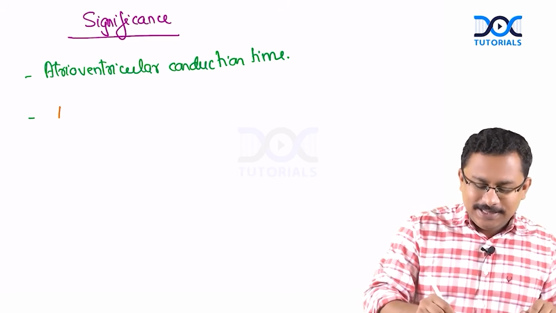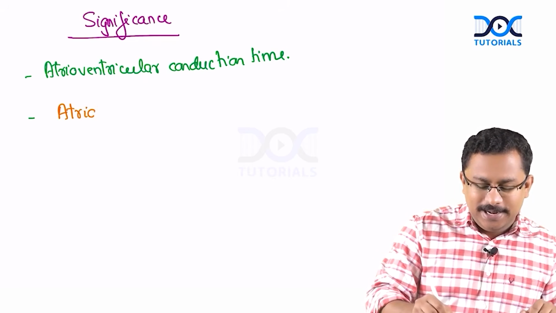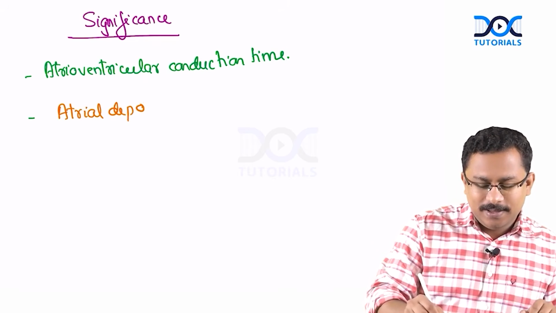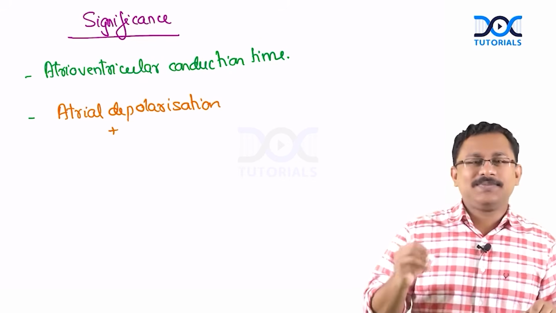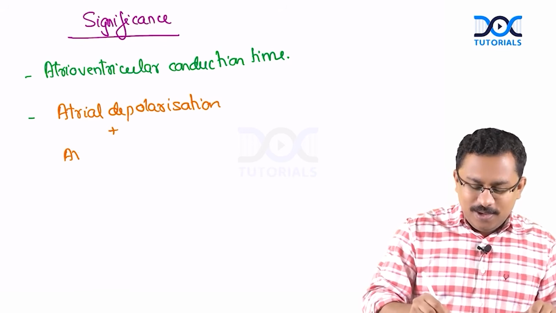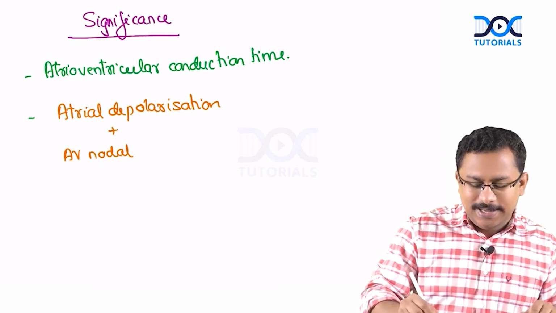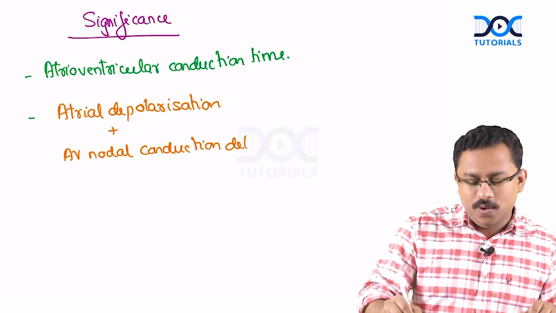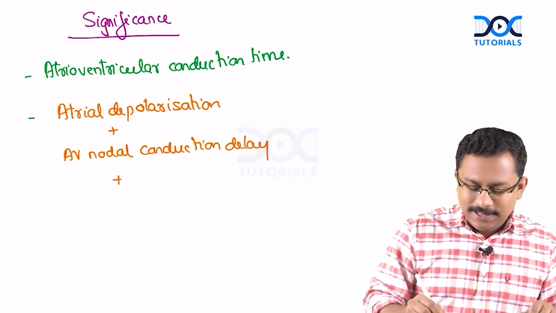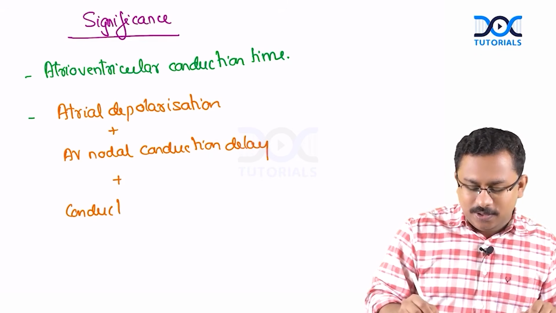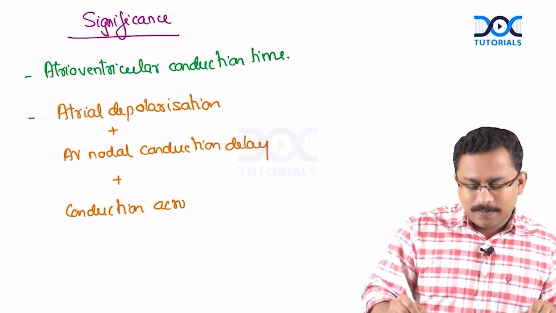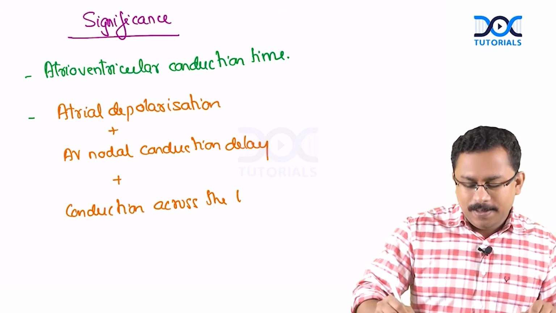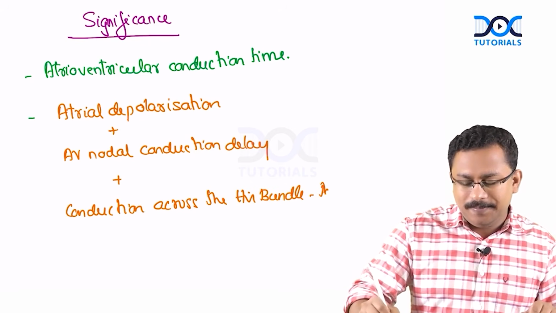It is the time for atrial depolarization, plus the AV nodal conduction delay, that is the delay across the AV node, plus the conduction across the His bundle Purkinje system.